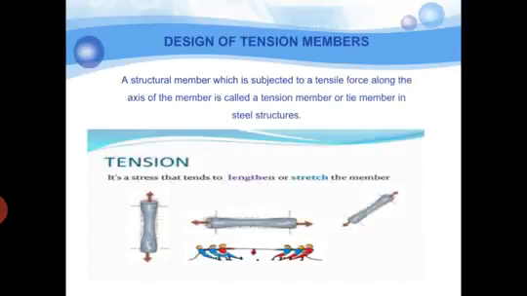So here, I'll be explaining what you mean by a tension member or what a tensile force is. A member which is being subjected to two pulling actions in opposite direction.